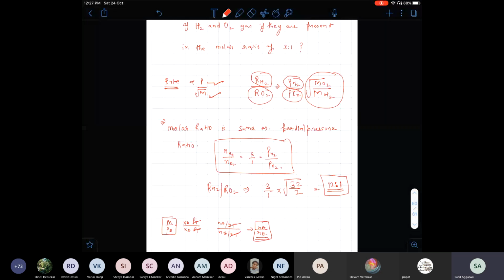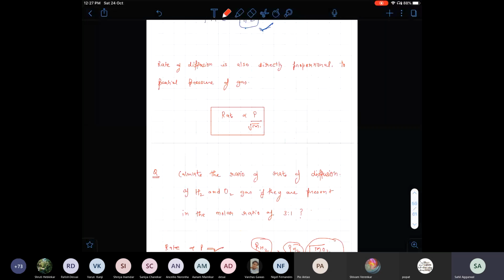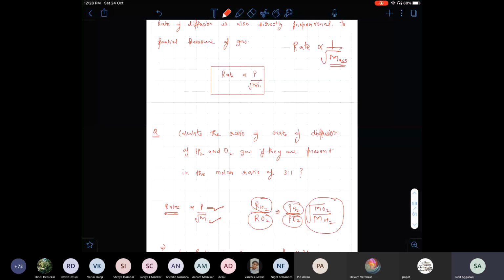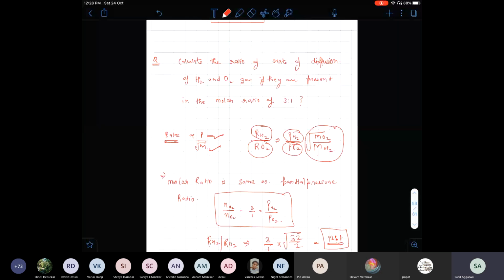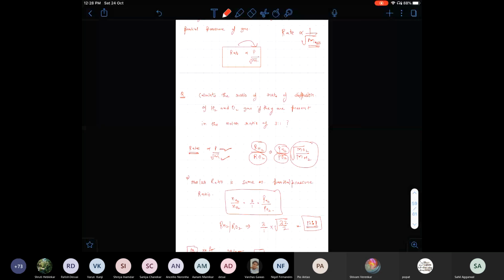No, mass we were already knowing. This ratio we already knew. Rate is inversely proportional to square root of mass. This is a different relation, which I told you in the last class. Here I am giving you the relation with pressure. The mass one is different, this is the ratio of moles that I told.